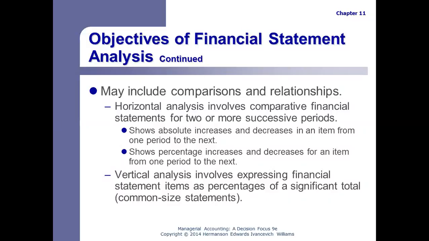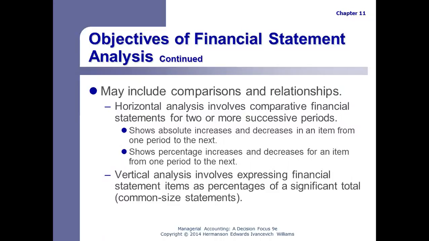So this month we're paying 50% of our income to our rent. Let's say next month the rent stays at $1,500, but our income falls to, let's say, $2,000 for the month. Then the percentage of our income that we pay for rent dramatically goes up. So that's the kind of analysis that you do for vertical analysis.